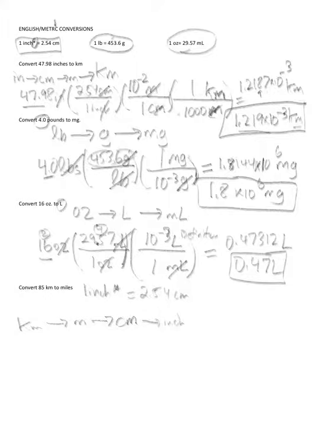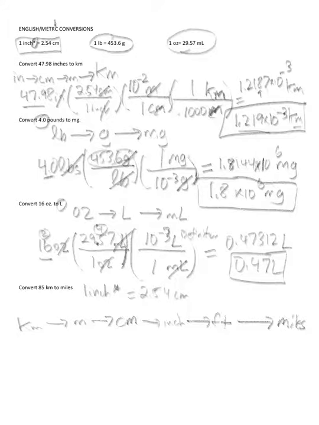So how many inches are in a mile? Don't know. So I'm going to convert that to feet, because I know there are 12 inches in a foot, and then I'm going to convert to miles.